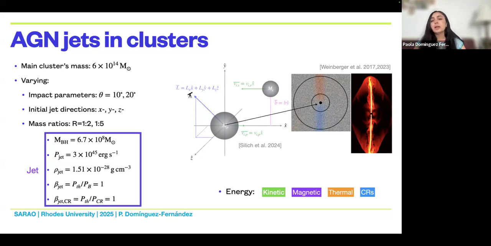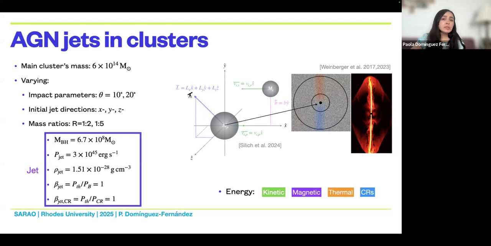And in addition to that, at the center of the most massive galaxy cluster, we have a black hole particle, and then we have a jet model that will inject a bidirectional jet. The energy in the jet will be in the form of kinetic, magnetic, thermal energy, and also cosmic ray energy. So that means that on top of the MHD, we are also having cosmic rays. And for that, we use the two-fluid approximation.